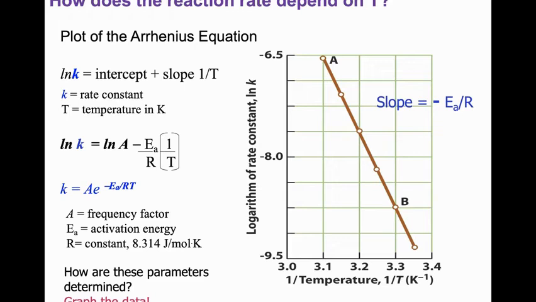For example, if it's first order, we plot the natural log of the concentration as a function of time, and then the slope of our line is equal to the negative of the rate constant. We could do that for a whole bunch of different temperatures, and then we would have a plot like this. From the slope, we can get the activation energy. From the intercept, we could get the pre-exponential or frequency factor, A. So we determine all of this information, A and Ea, from graphing the data.